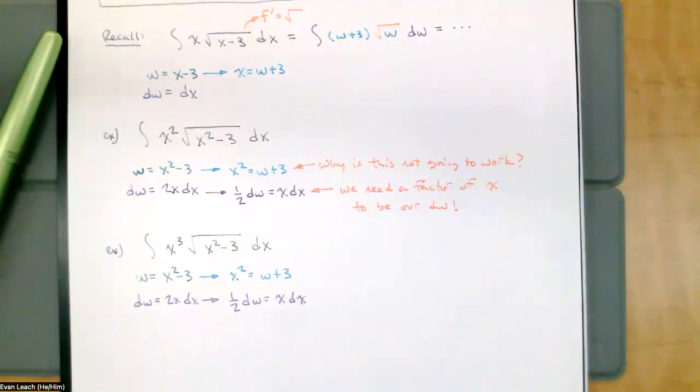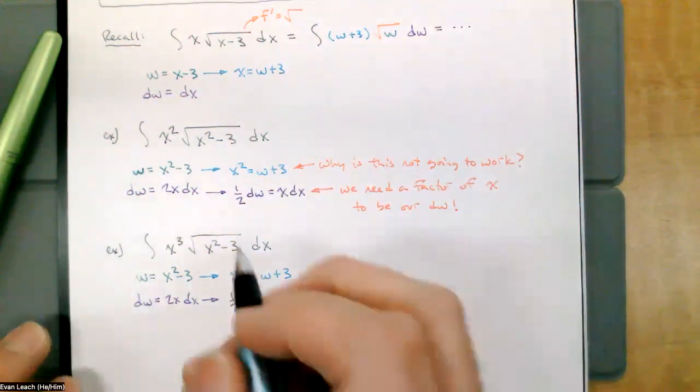In the previous example, all we had was x squared. We need one of those factors of x to be the dw. We don't have anything to do with that extra one factor of x. In this new example, the x cubed has 2 factors of x that we can turn into w plus 3 and 1 factor of x to be the dw.